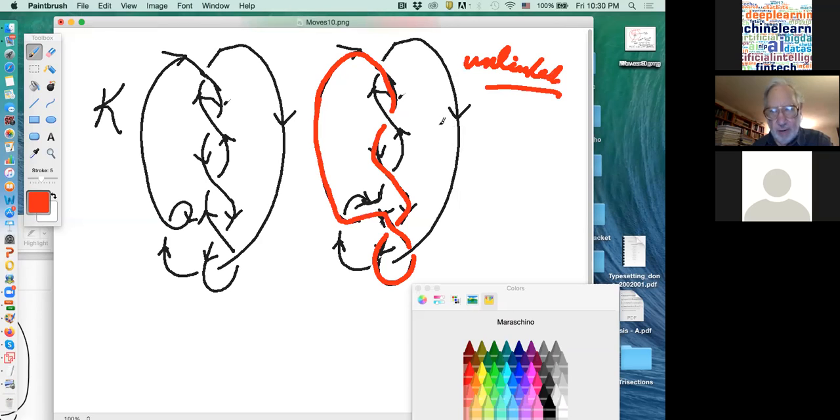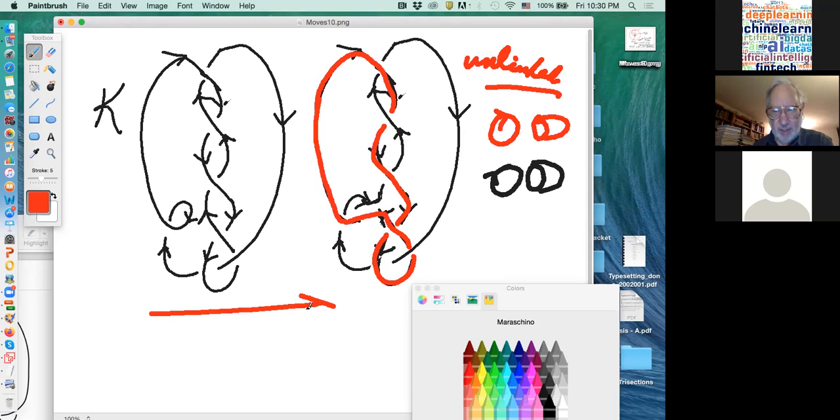Right? Pull this around and take it off. So that means that at the next stage we can have an unlink and an unknot, and then we can cap it off, and we can cap it off, and I have my time going this way into the interior of the disk, and so K is slice.